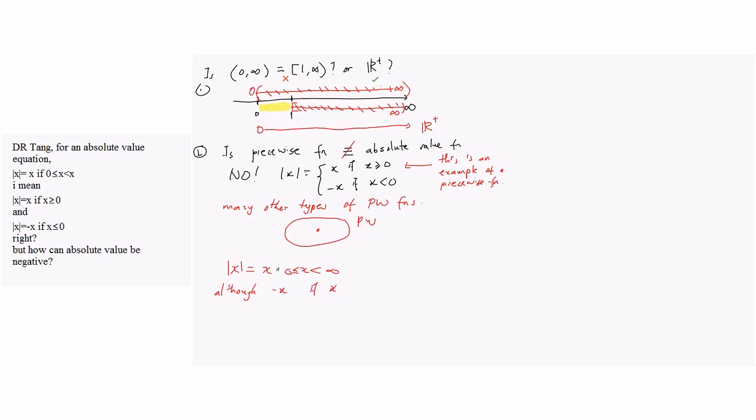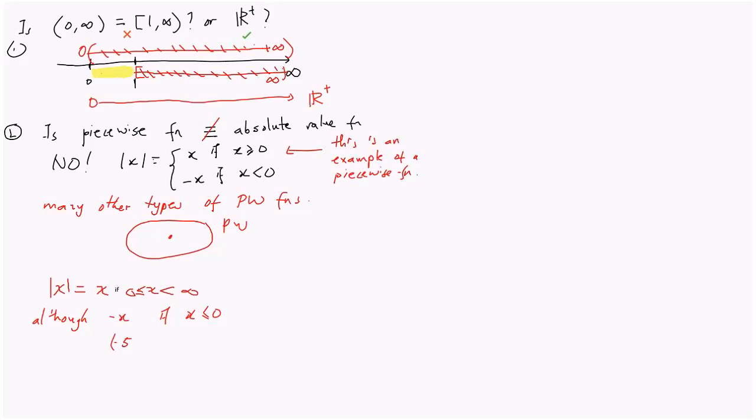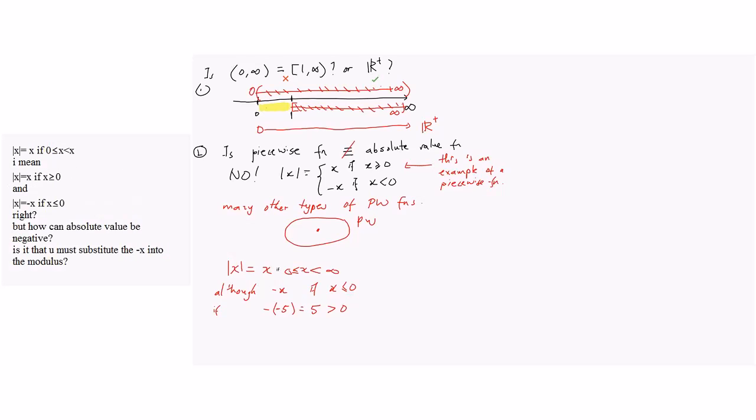Actually, let me just show you with a precise number. Let's say negative 5. If x is equals to negative 5, then negative of negative 5 is actually equals to 5, which is greater than 0.